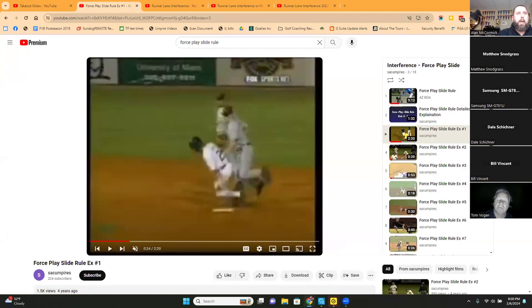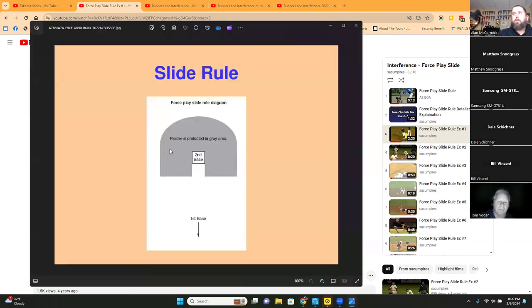If you have access to the chat, steal it and download it. It's a good guide for you to know where the contact is allowed and not allowed on this play when the force play slide rule is in effect.